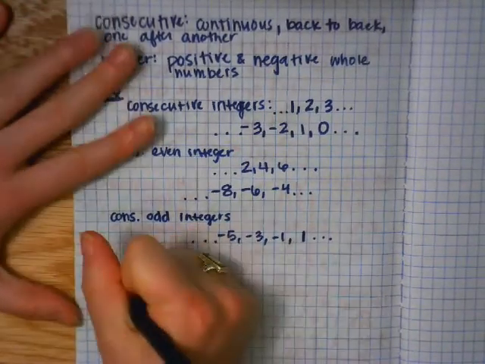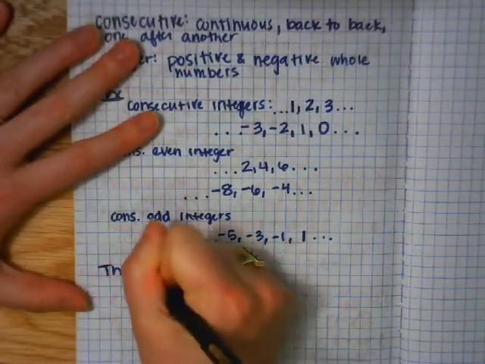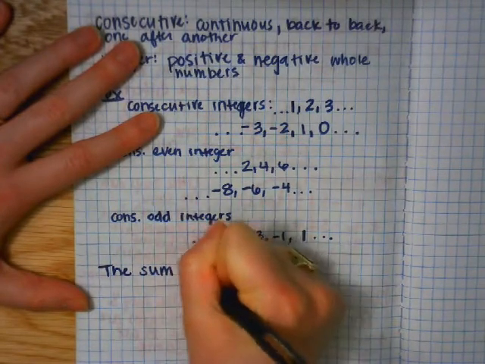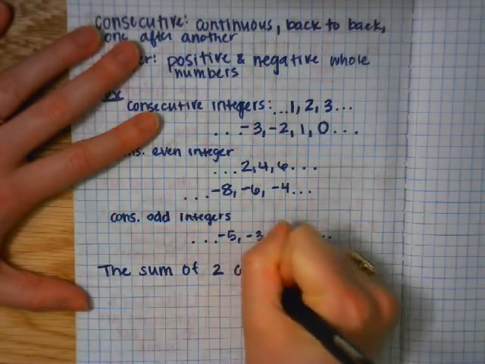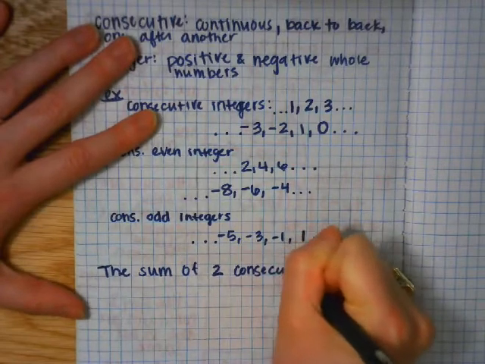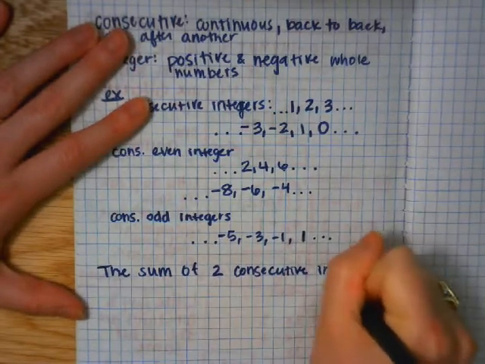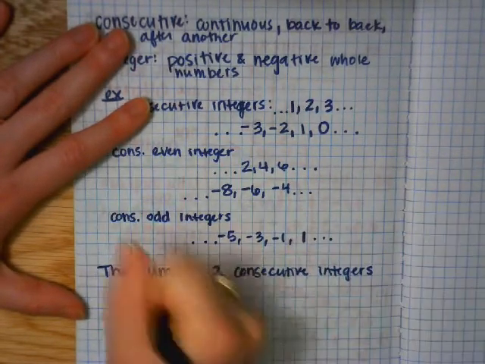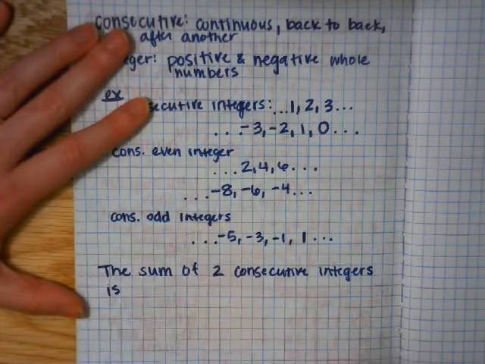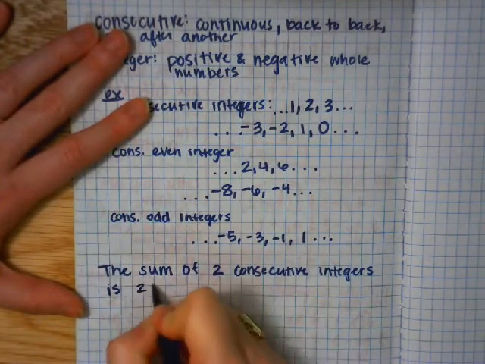And let's say the sum of two consecutive integers is 25.